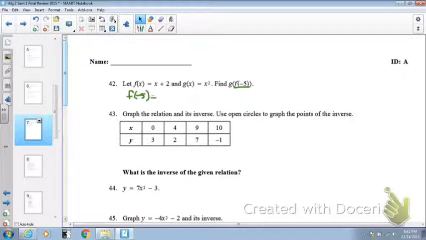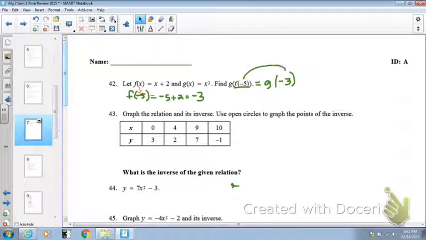All that means is that in the f function, we're going to replace the x with the negative 5. So the x is going to become negative 5 plus 2, which means that f of negative 5 is negative 3. So that means now I'm going to take g of negative 3 because f of negative 5 is negative 3.